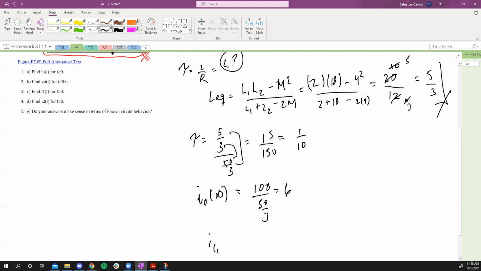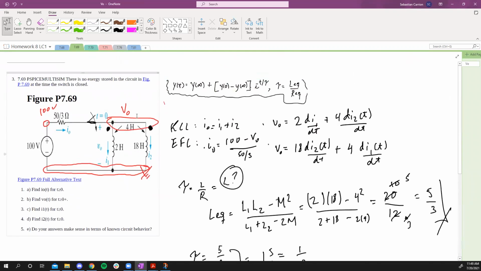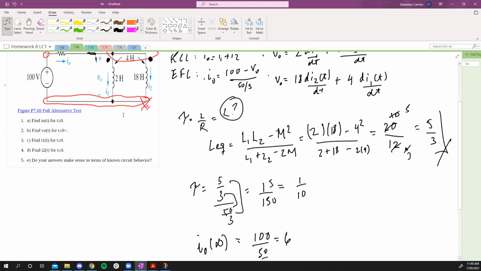And we know the initial value is 0 because there's no energy stored, correct?